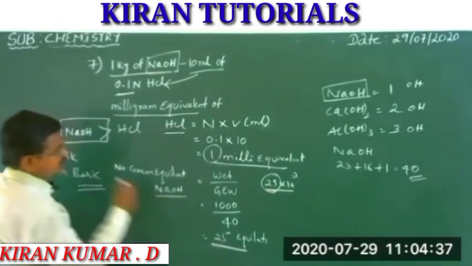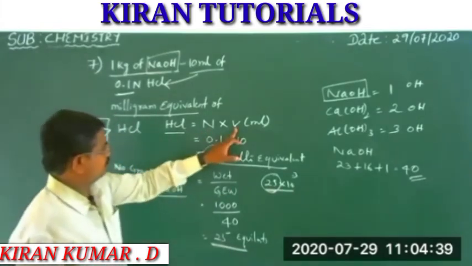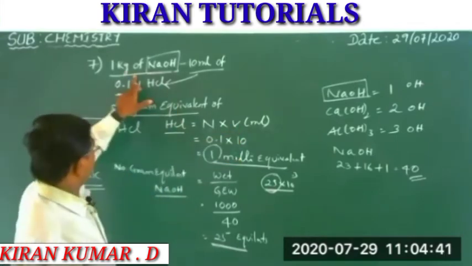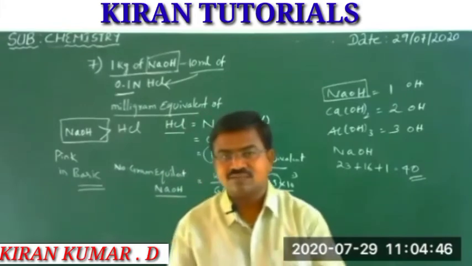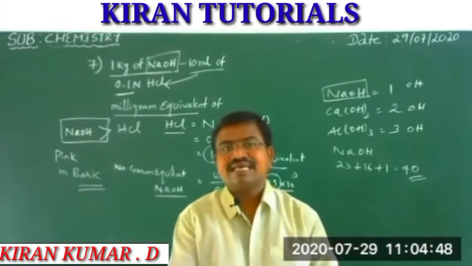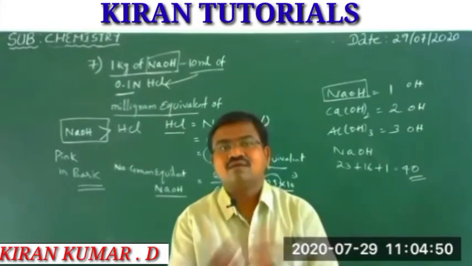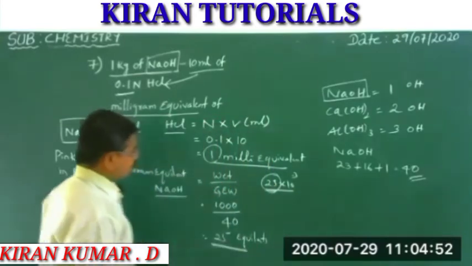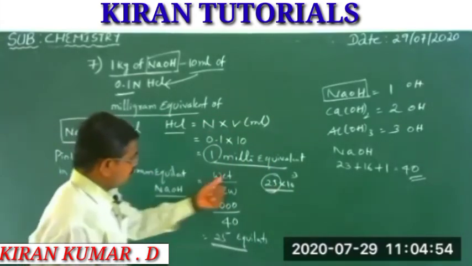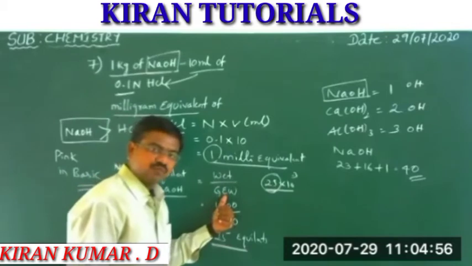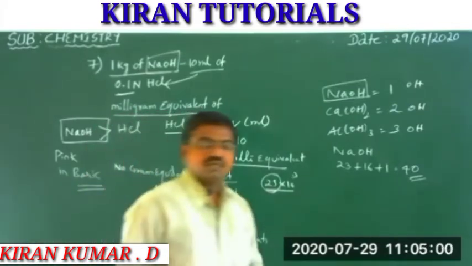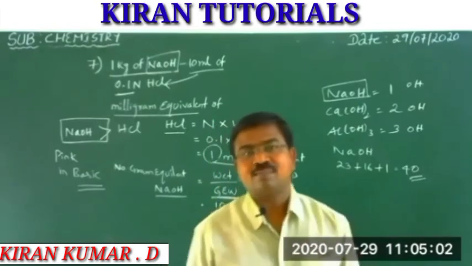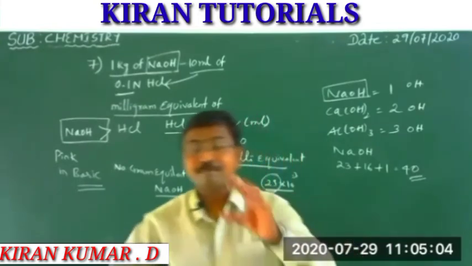Here, for sodium hydroxide, there is no normality value, only the weight of sodium hydroxide is present. So if weight is given, then we calculate gram equivalent, that means weight by gram equivalent weight. What is the formula to calculate gram equivalent weight for a base?